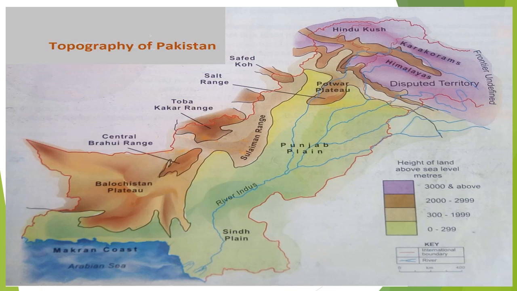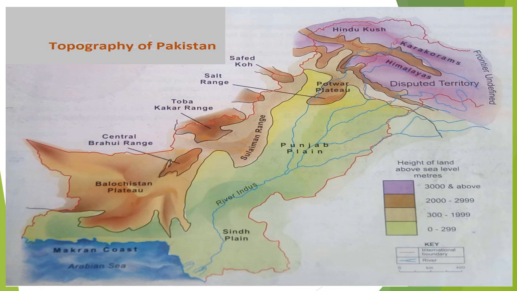These are Sufed Koh, Salt Range, Toba Kakar Range and Central Brahui Range. Here you can also see the plateaus. The first one is Potohar Plateau, then comes Balochistan Plateau. After this you can see Punjab Plains and Sindh Plains. These are the plain areas.